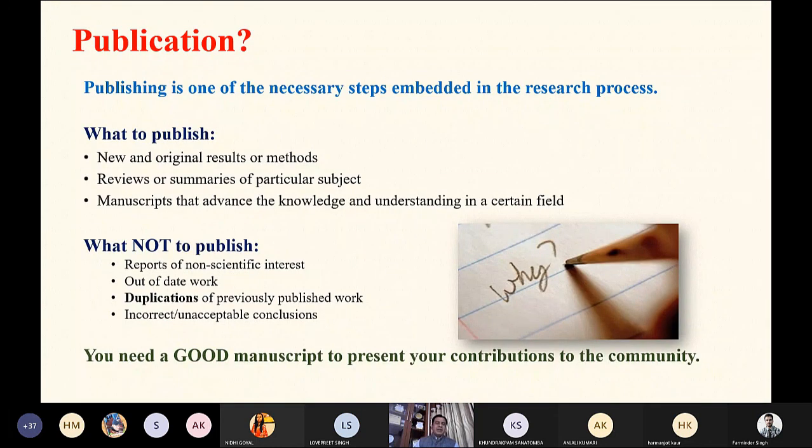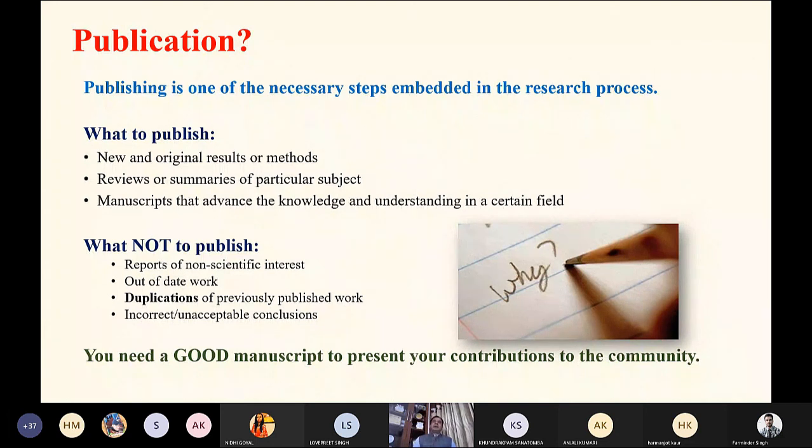Why do we have to go for publications? If you have a new idea and new results from the study that you conduct.